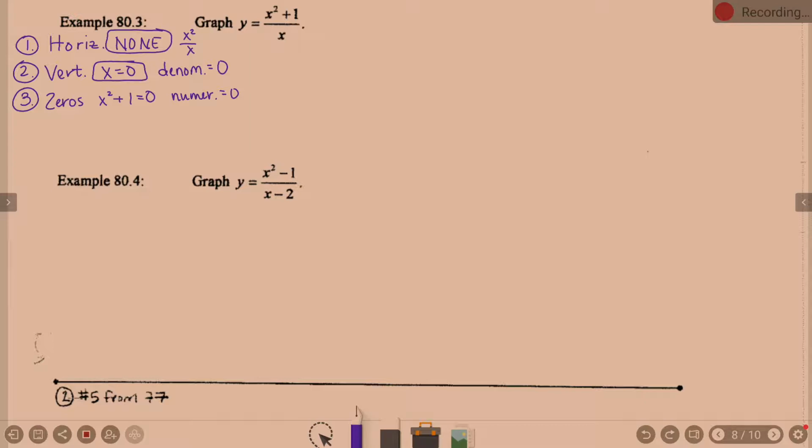If we set that equal to 0, you have x squared equals negative 1. And so you have an imaginary couple of zeros. So you do have zeros, I guess, if you want to go that direction. But we don't go that direction, do we? And so our answer for zeros is going to be none, because they would be imaginary.